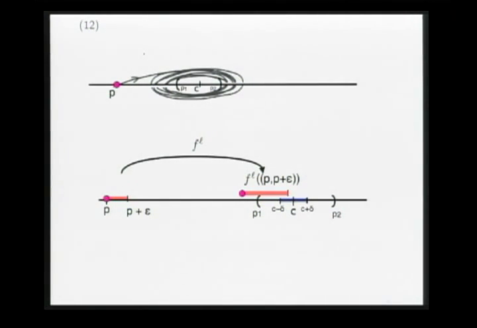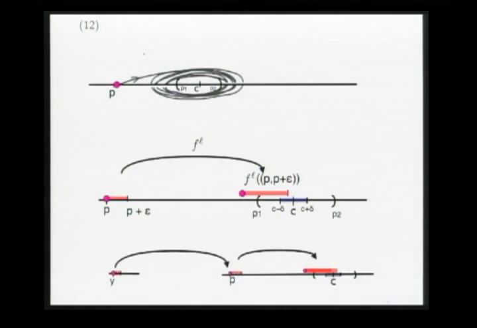Okay, this can be done to any delta. So if we take L very big, we will have that it will cover the open interval going to C, like this. And the same if we take any point y in the pre-orbit of this point P.